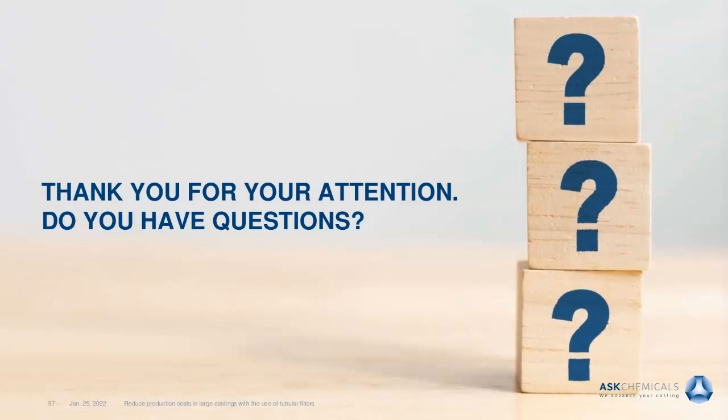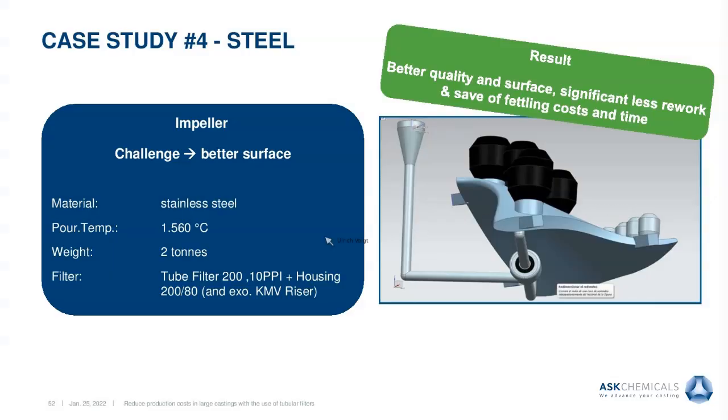Whether the capacity is for low carbon or low alloy steel, I'm guessing they're trying to understand what the difference in capacity could be if it was low carbon steel or stainless steel. 52, would be this slide, is this correct? The question says the 3,900 kilograms of steel. I guess they're asking what the difference between low carbon, low alloy steel and stainless steel would be with a 200 tube filter. Yeah, I mean, the difference is always really to consider.